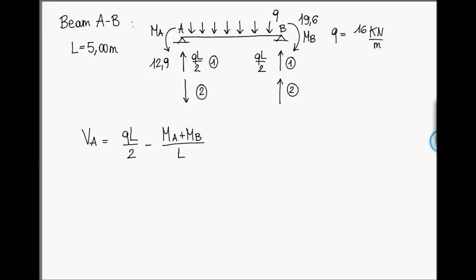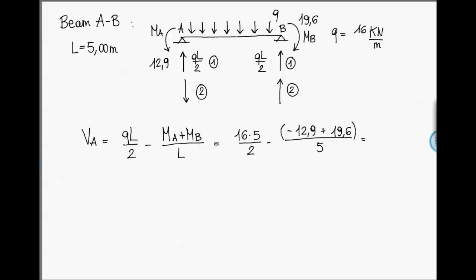In this formula, we will take the moments with their sign. So we can write 16 by 5 over 2 minus, well, the bending moment MA, according to our sign convention, is negative, so minus 12.9 plus MB, 19.6, over 5, which is the length of beam AB.